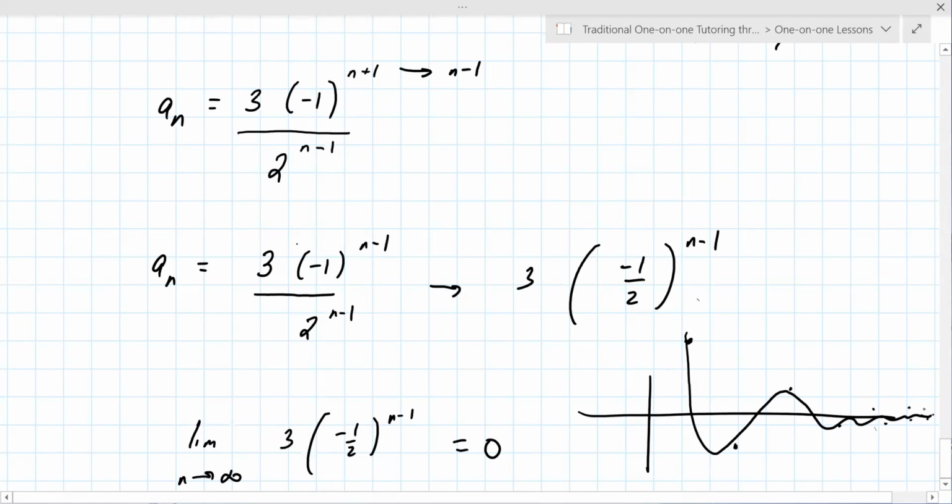But the limit of this thing is 0, because you can see it eventually becomes some number, whether it's positive or negative, over a really big number. And then it converges. It converges to 0.